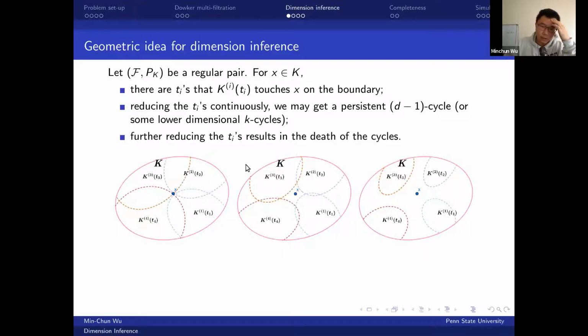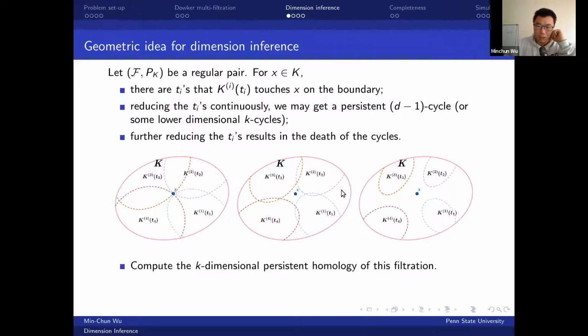And notice that this process constructs a filtration, a one-dimensional filtration of simplicial complexes, if you use the nerve of this collection of sublevel sets. If we compute the k-dimensional persistent homology of this filtration, then we can figure out which interval is the longest in dimension k.